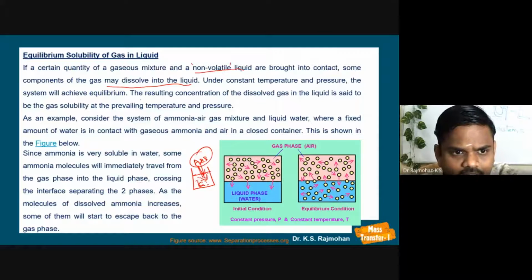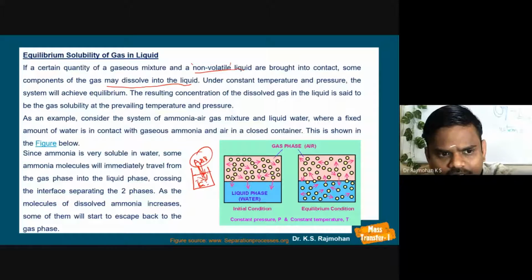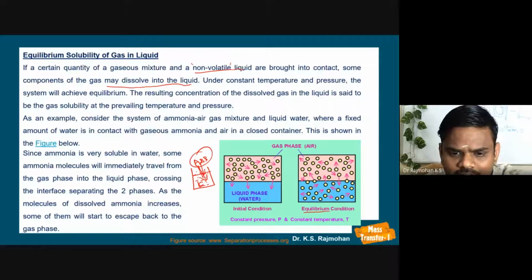Right now, in this equilibrium solubility of gas in mixture, what would be the resulting concentration of the dissolved gas in the liquid? When it stops, we will have an equilibrium condition, right? As I used to tell, when we are hungry, several chapatis or rotis or idli dosa are brought, and your capacity is there.